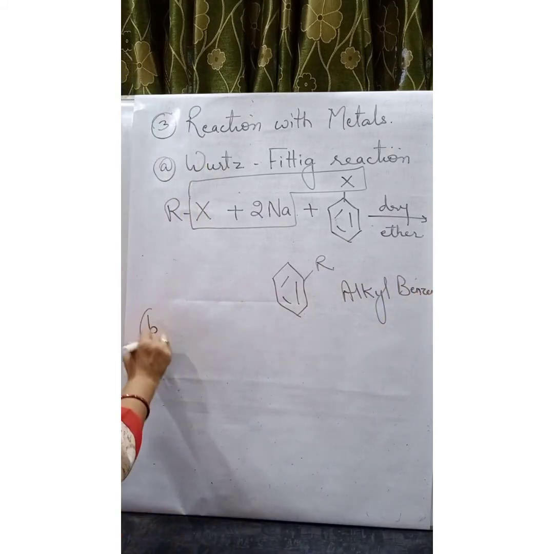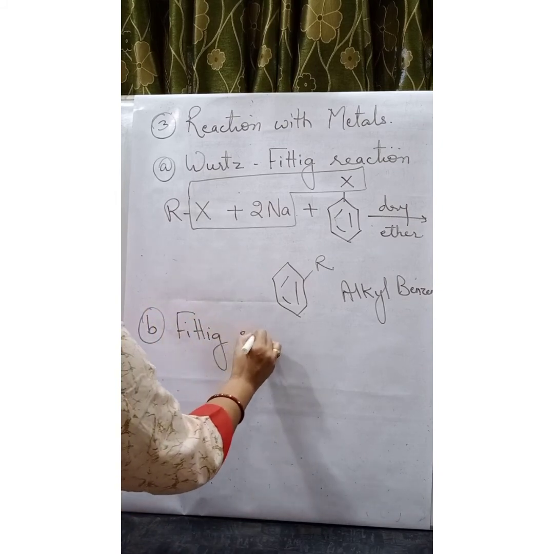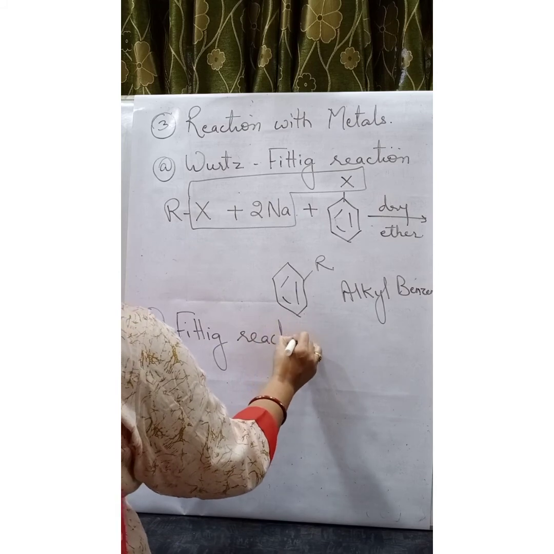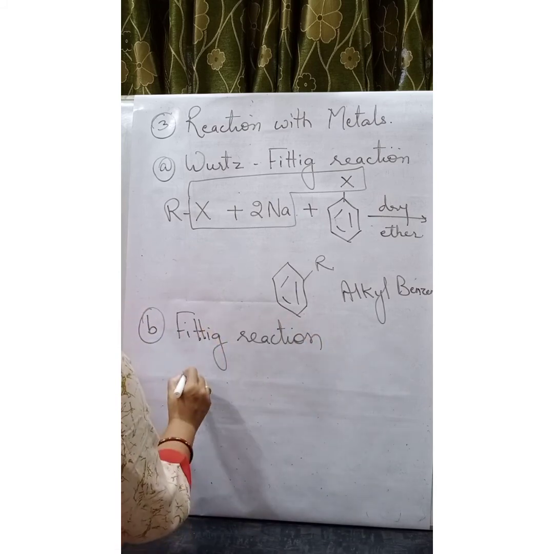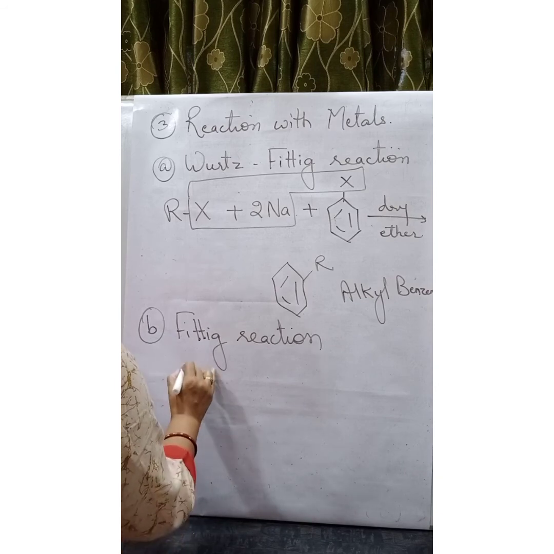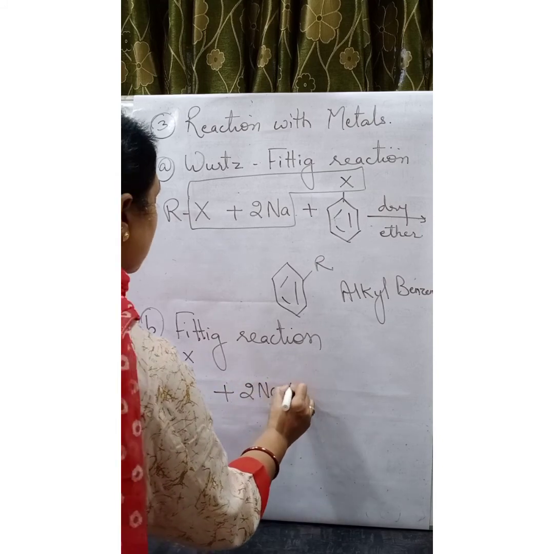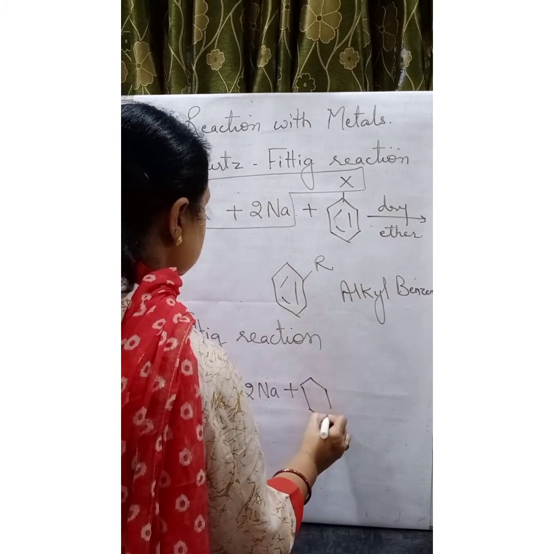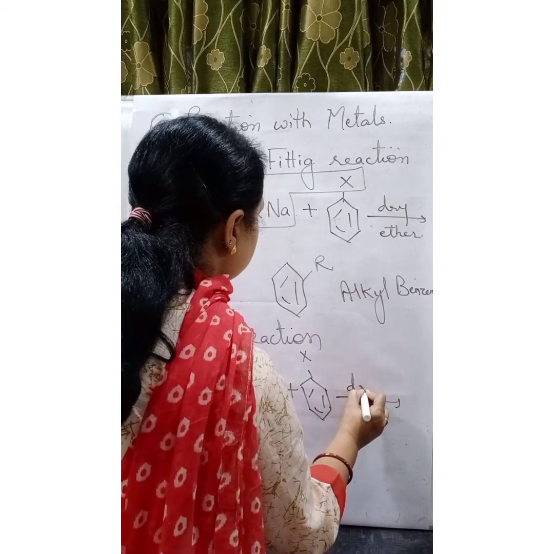The next one is Fittig reaction. So here we are taking 2 moles of haloarene, treating with 2 moles of sodium in presence of dry ether.